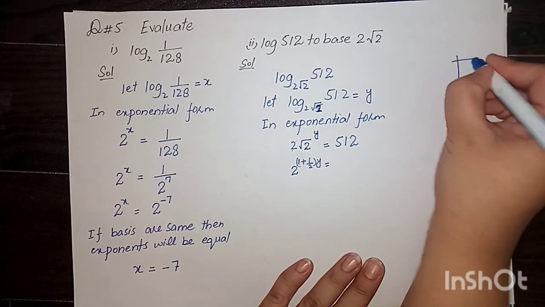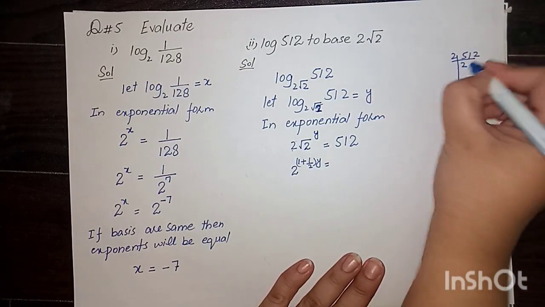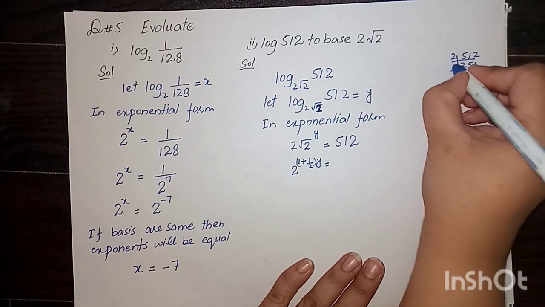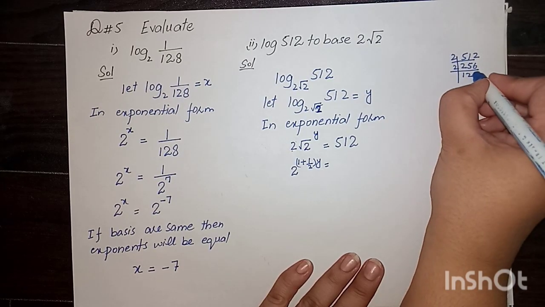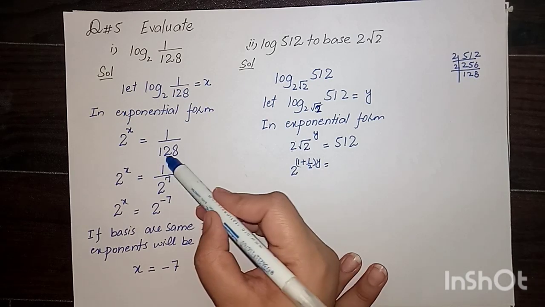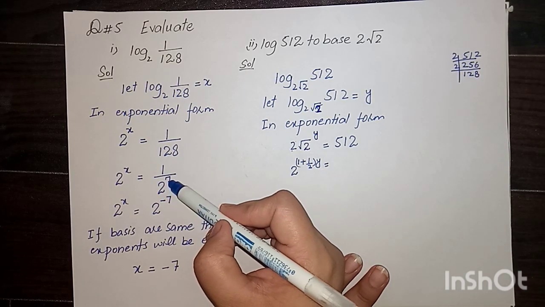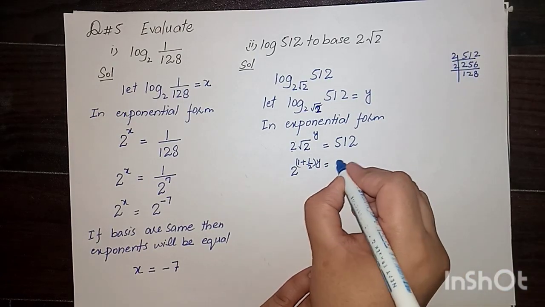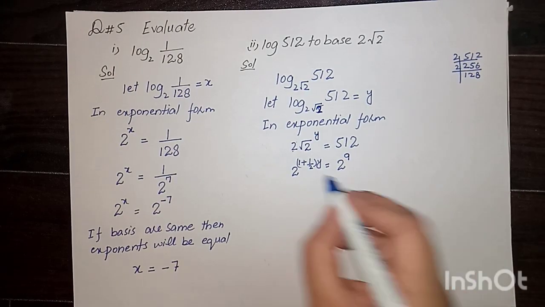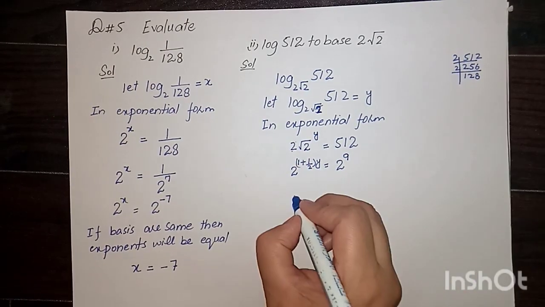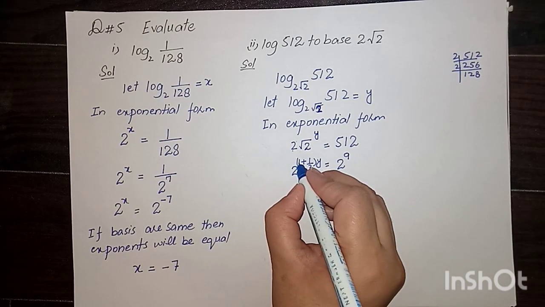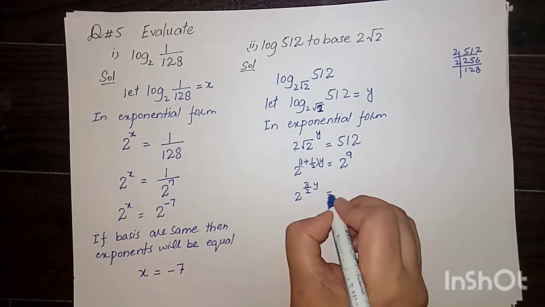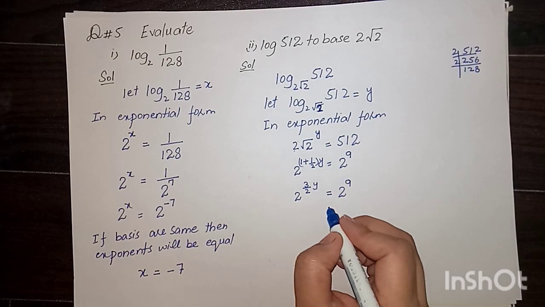So the prime factorization of 512 is 2 to the power of 9. Taking the LCM of this value, 2 times 1 is 2, 2 plus 1 is equal to 3 divided by 2, y is equal to 2 power 9.